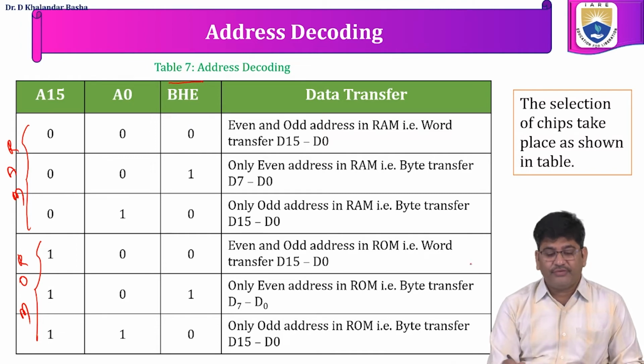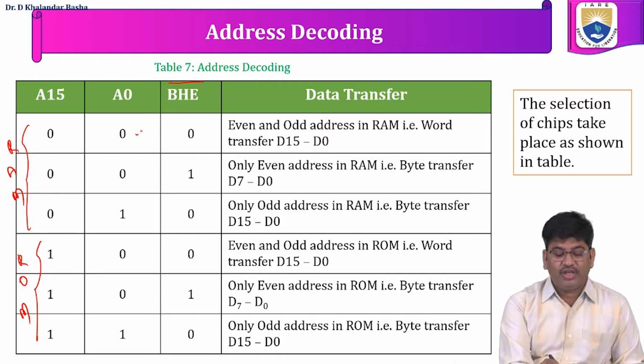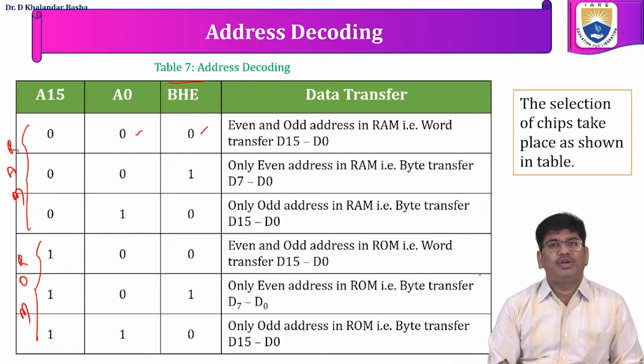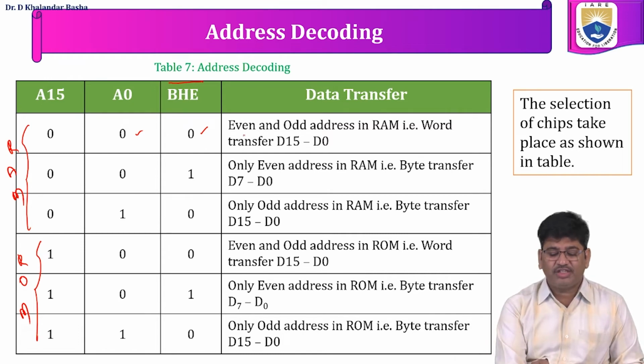The size of data will be decided by A0 and BHE bar. If A0 is 0 and BHE bar is 0, it indicates a 16-bit data transfer from both even and odd address space. So the data transfer is from even and odd addresses in RAM. That is a word transfer, D15 to D0.